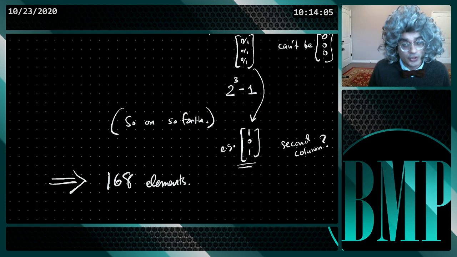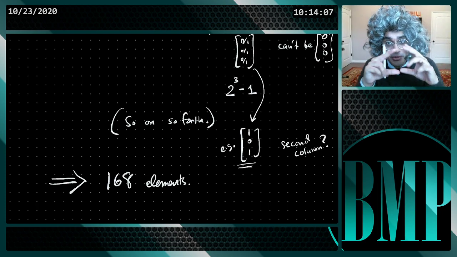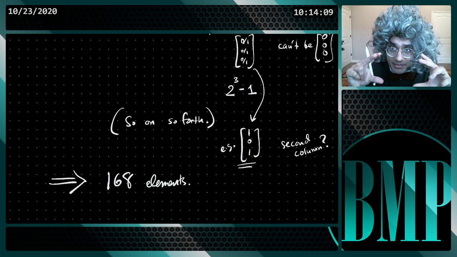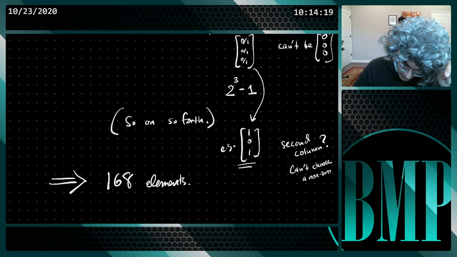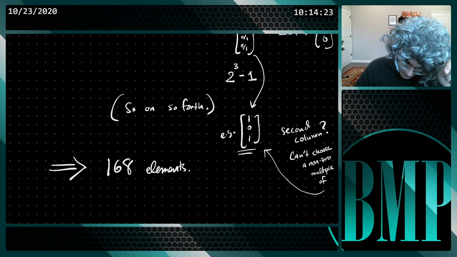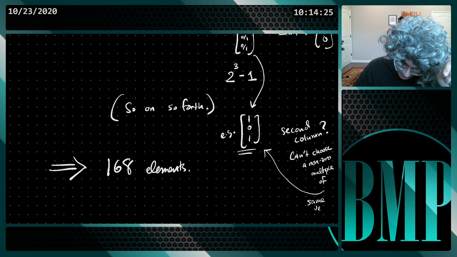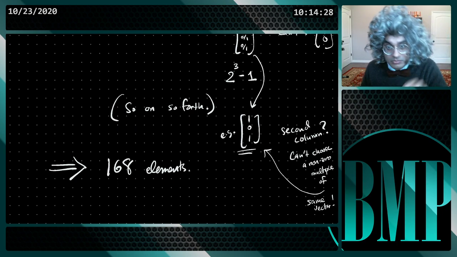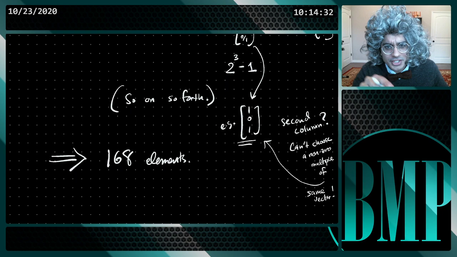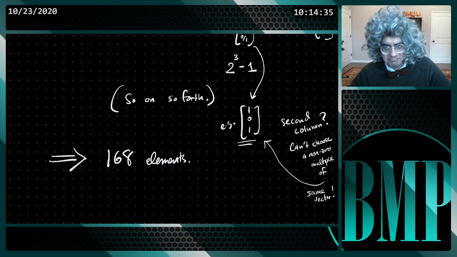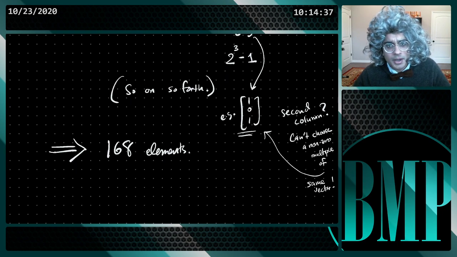Once you choose this as first column, well, you have to make sure that you don't choose a multiple of the same vector. But here, non-zero just means 1. So you just don't choose the same vector.